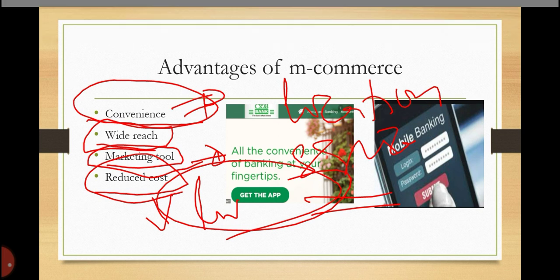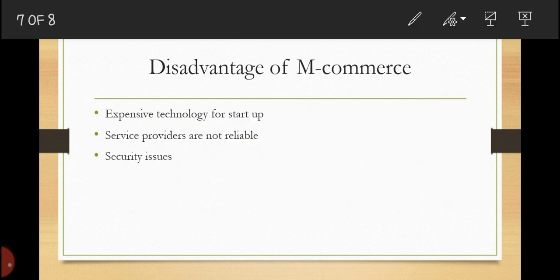Now we have some disadvantages. Anything that has advantages can have some disadvantages. So let's discuss the disadvantages. The existing technology that is used to set up an m-commerce business is very expensive. So it has great startup costs, and many complications arise.